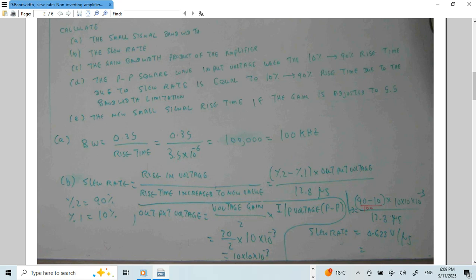So for the output voltage we are already given the formula. Output voltage is equal to voltage gain divided by 2, multiplied by the input voltage P2P. So this formula we can utilize.